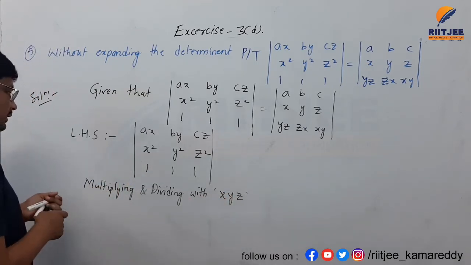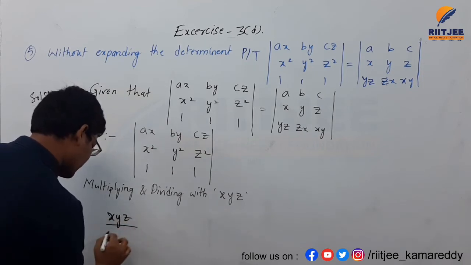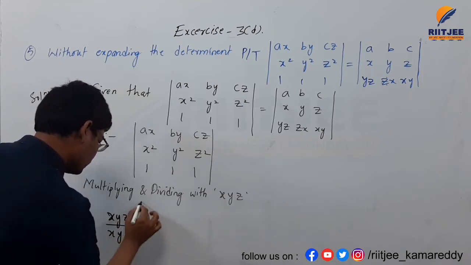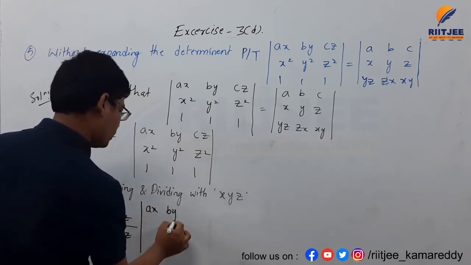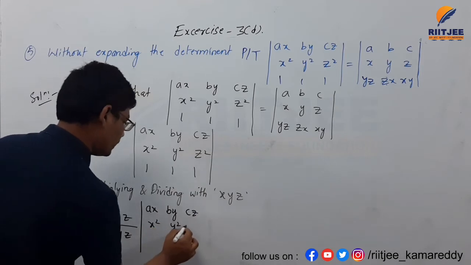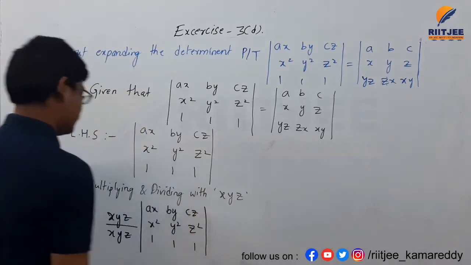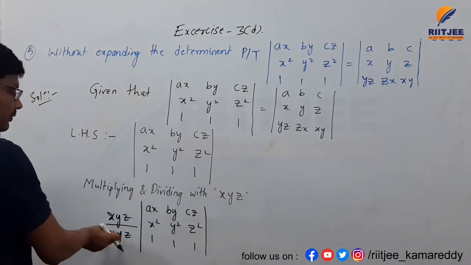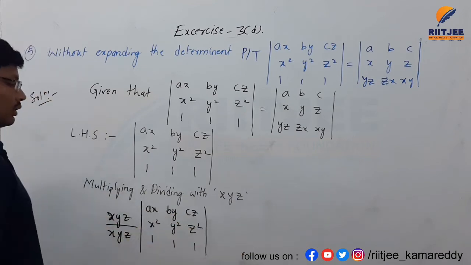So I am multiplying xyz divided by xyz, the modulus of ax, by, cz; x square, y square, z square; 1, 1, 1, and I am multiplying this xyz to all the rows.